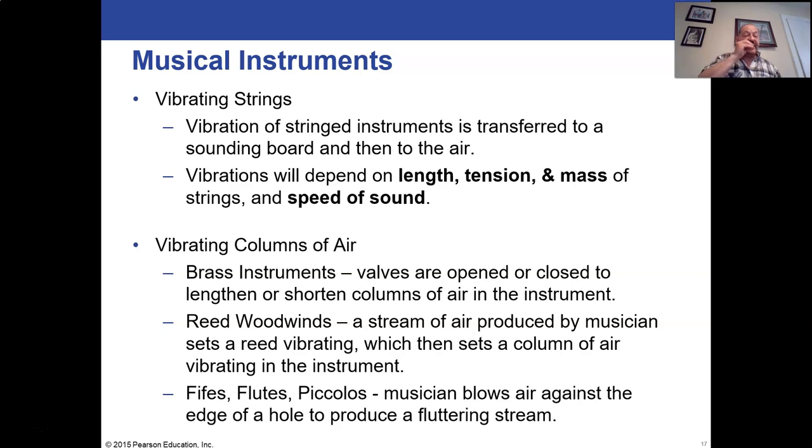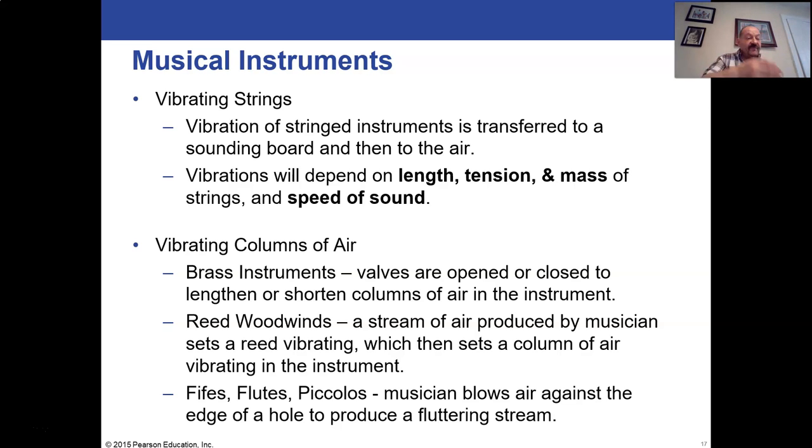You're literally vibrating the reed directly with your mouth. That's in the mouthpiece of a clarinet or a saxophone or an oboe or a bassoon. And the reed vibrates, or in the case of oboe and bassoon, they're double reeds. They're vibrating, and the vibration of the reeds makes the air on the other side of them vibrate, and that goes through and vibrates a column of air in those musical instruments.